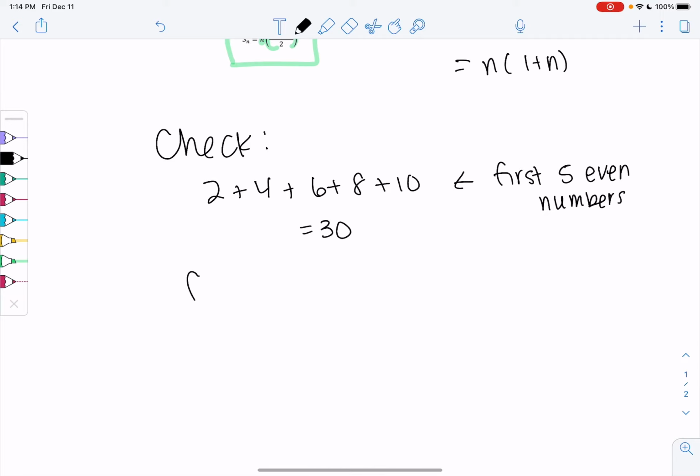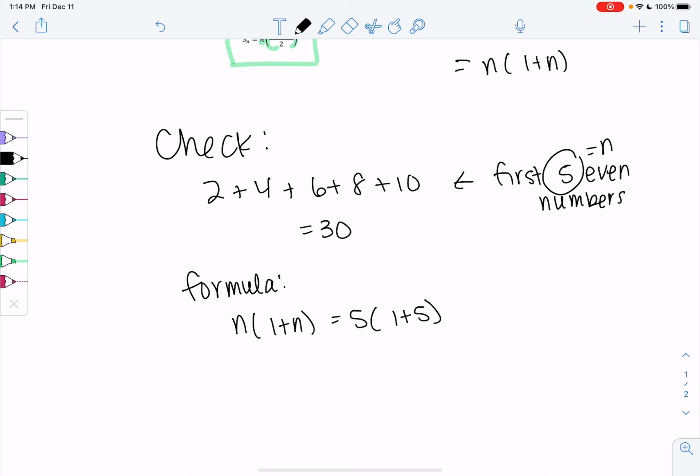Now let's check the formula. The sum should be n times (1 plus n), where n is 5 for 5 even terms. So 5 times (1 plus 5), 5 times 6 is 30.